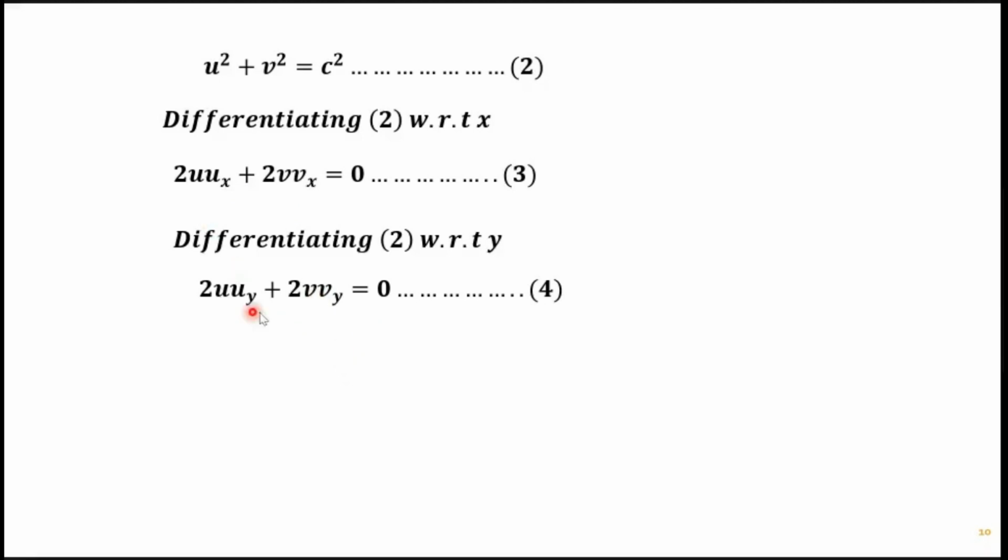So what will we do? In these equations we will use the CR equations and reduce this to ux and vx. Okay, we need the values of ux and vx, because once I get ux and vx, then I can calculate u and v. So in the fourth equation we will make use of the CR equation and convert this uy and vy to ux and vx.